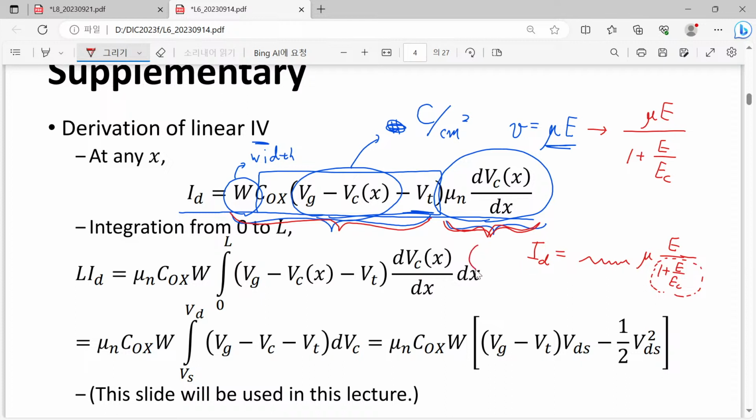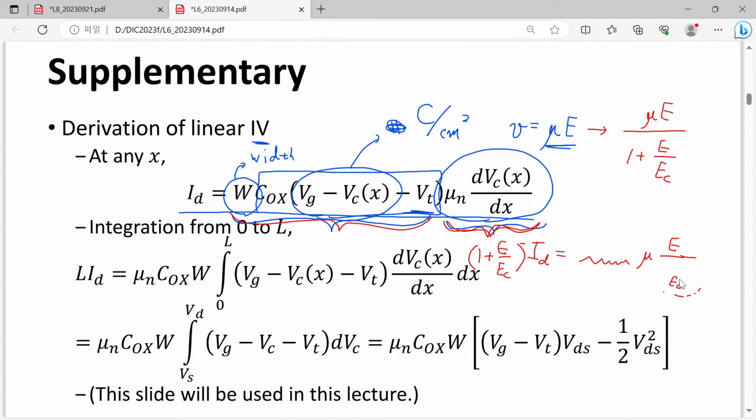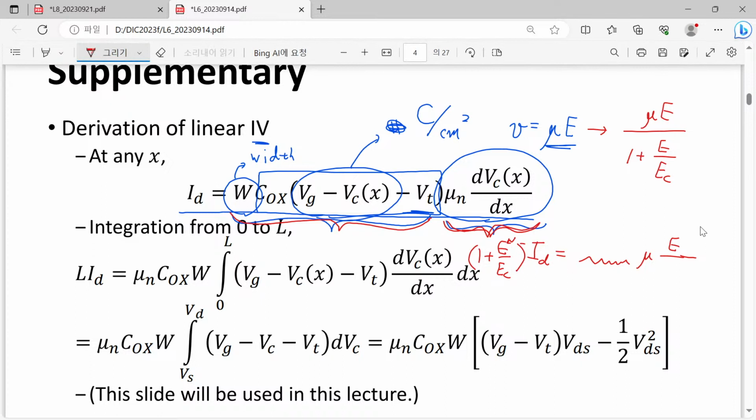So now we have 1 plus E over EC. Are you all with me? The right hand side contains the term related to the electric field, and the left hand side term also contains a term related to the electric field. So what we can do is just send it to here.